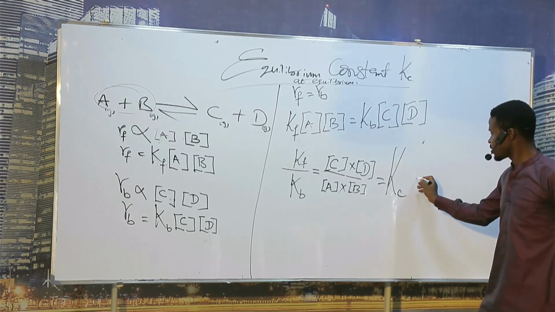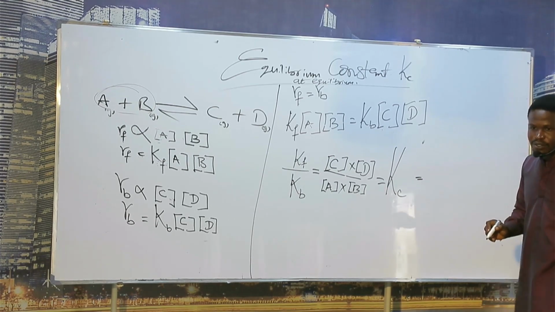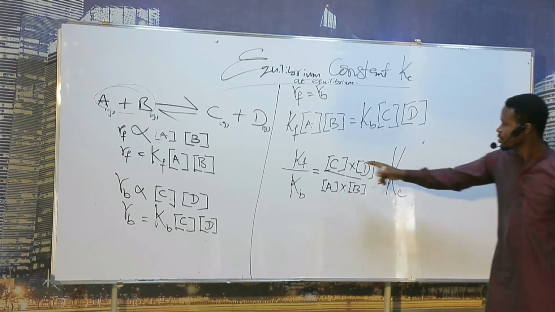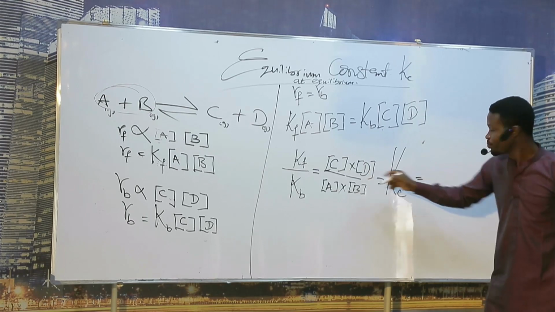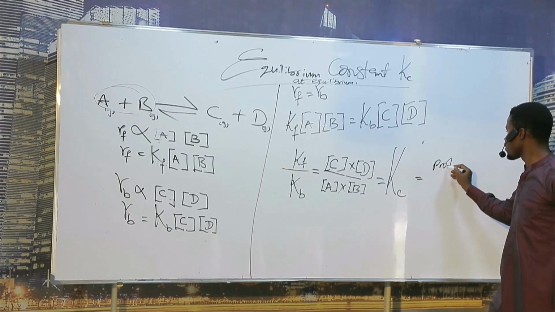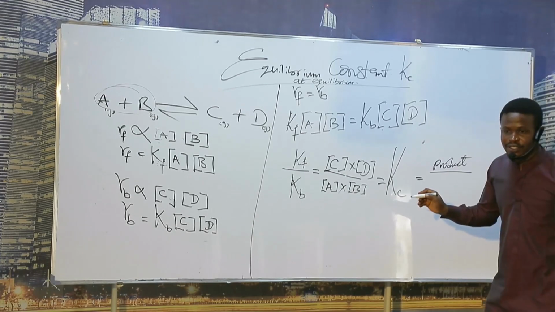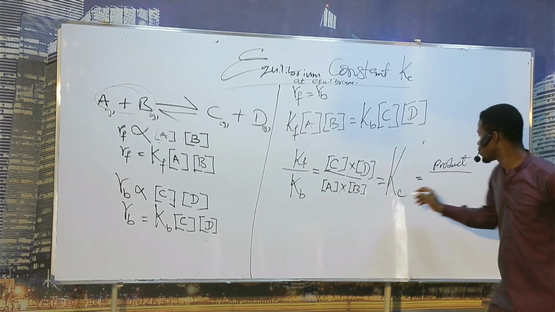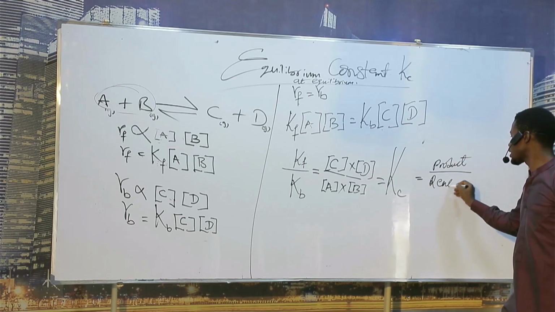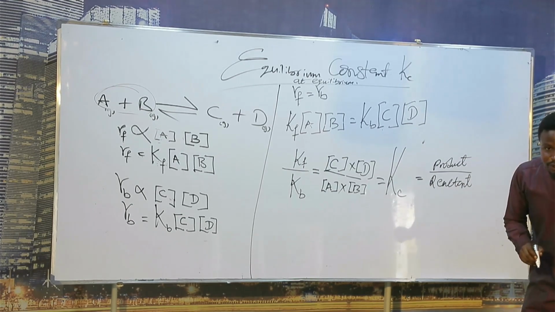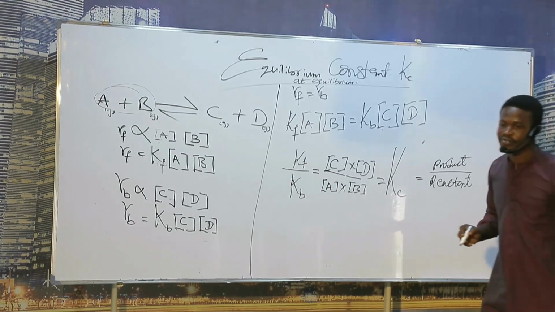So what will I now say is the equilibrium constant? It is the ratio of the concentration of the CD, the product, over the concentration of the AB, the reactant. Any confusion?